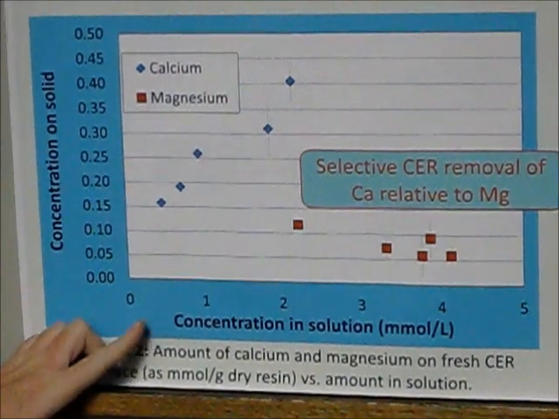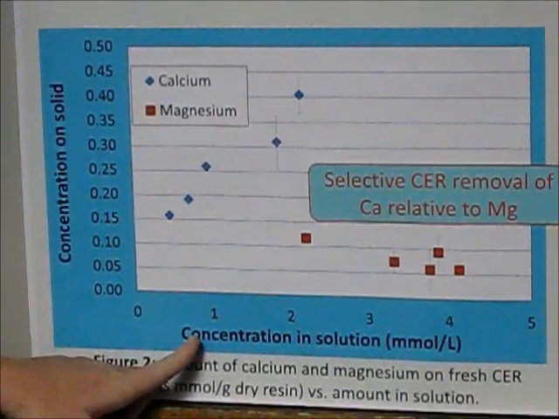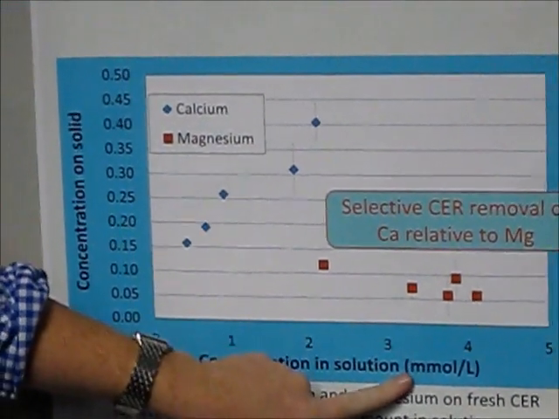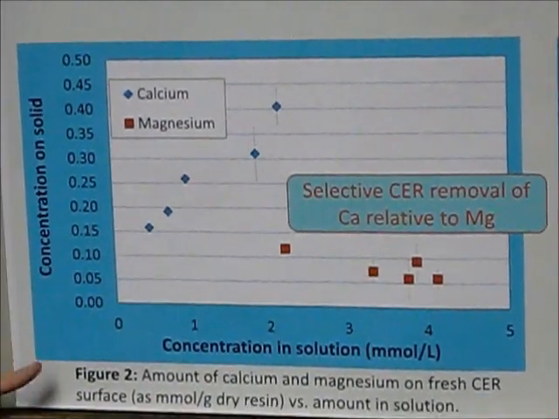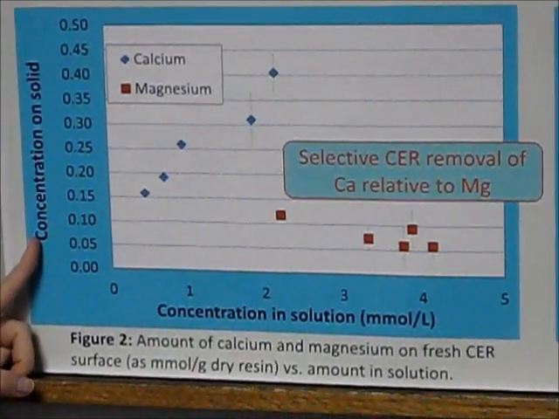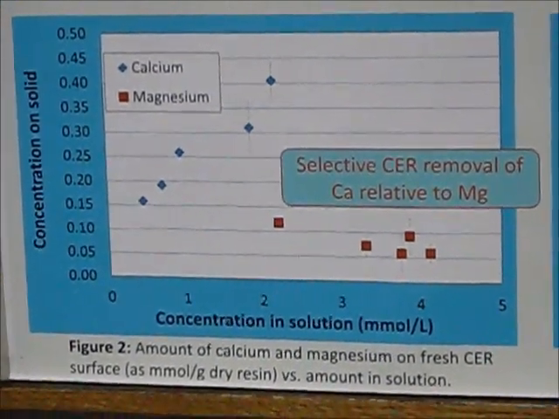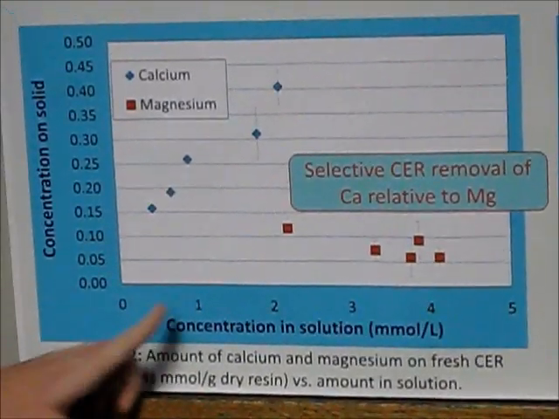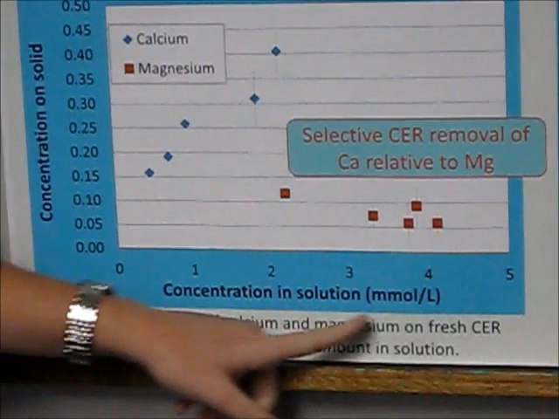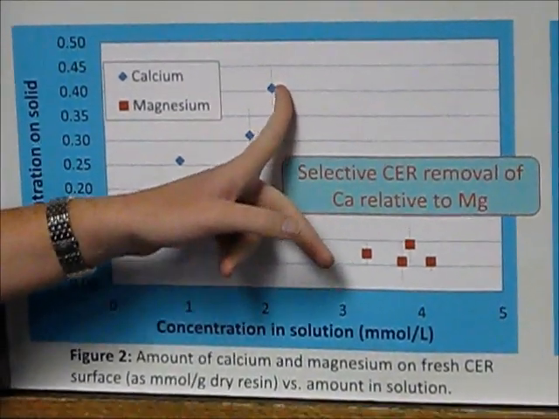This is another results graph from the first half of the experiment. You can see the concentration in solution of magnesium and calcium given in millimoles per liter on the x-axis, and the concentration on the solid or resin surface given in millimoles per gram of dry resin on the y-axis. So as the concentration of the calcium in solution increases, the uptake onto the resin surface increases in turn.